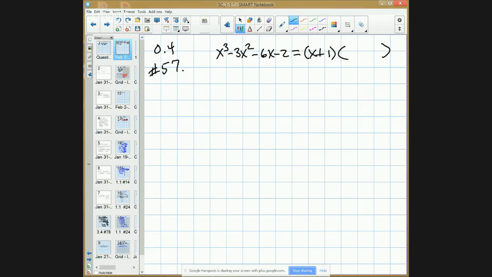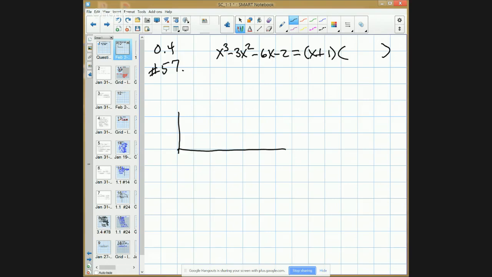So with synthetic division, remember you want to set up a bracket, and then inside the box you want to put the coefficients of the terms, and you have to make sure you have all the powers of x represented. So we've got a 3 here, then a 2, then a 1, then a 0.